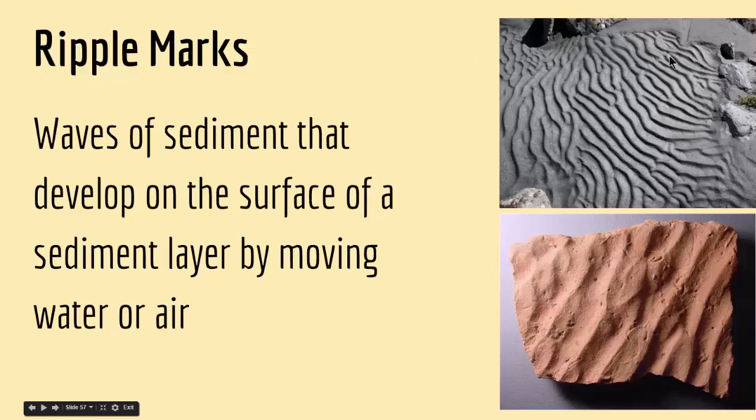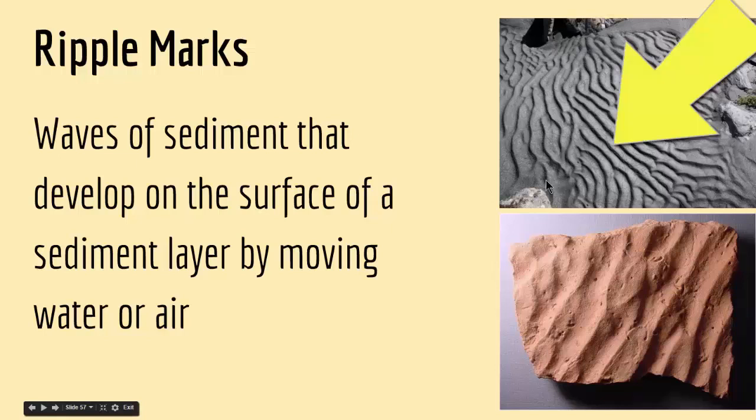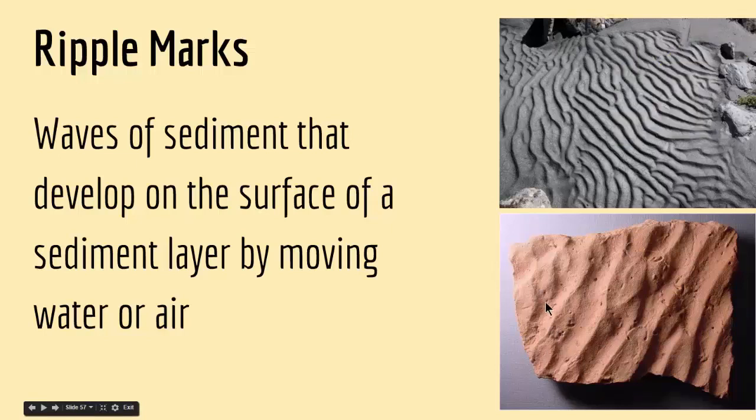You can see it's still wet, but when this structure gets lithified, it creates a beautiful structure like this. Most of the time, ripple marks show the direction of the moving water or air. So for example, in this picture, the moving water was in this direction. Probably in this one, moving water was in this direction.